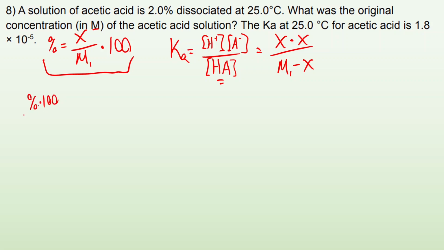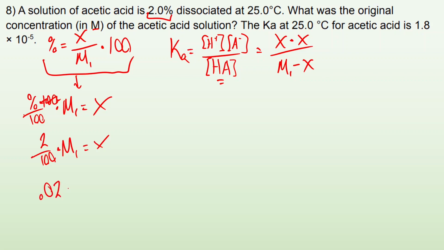Percent divided by 100 times M1 equals X, right? Just rearrange to get X by itself. I divide each side by 100 and then multiply by M1. They tell me the percent dissociation is 2%, so it's 2 divided by 100 times M1 equals X. In decimal form, it's 0.02 times M1 equals my X.